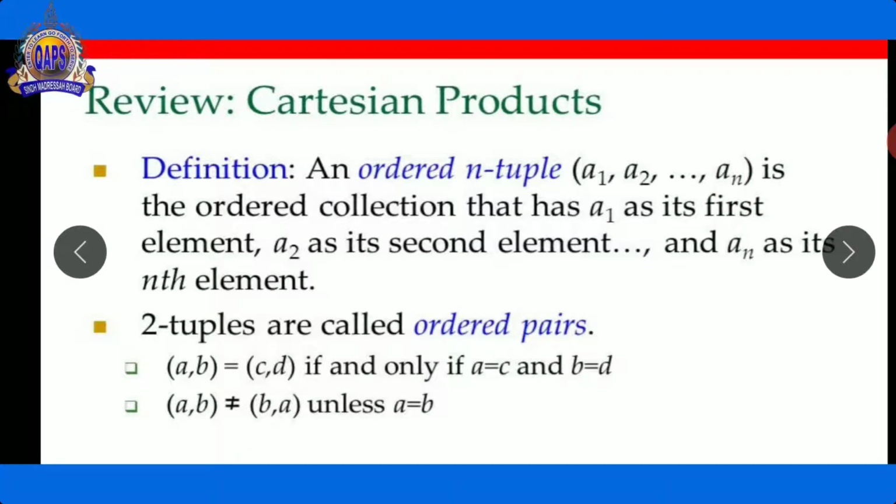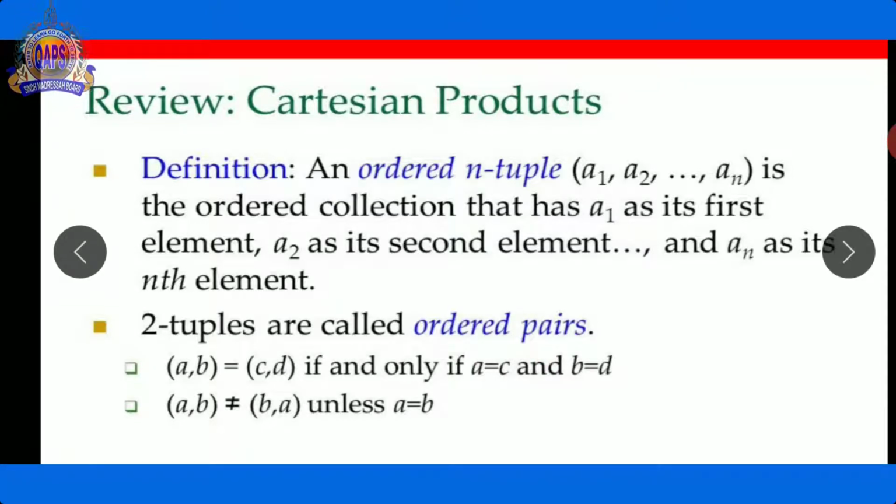If we say there is a 2-tuple, it is called an ordered pair because there are only 2 digits.